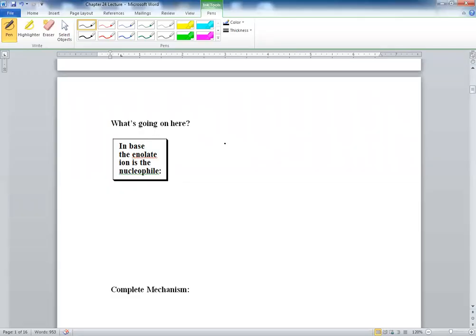As I said before, you have an enolate attacking a carbonyl. So here it is. Let's draw it out, what we had before. So here's your enolate. Put the negative there.